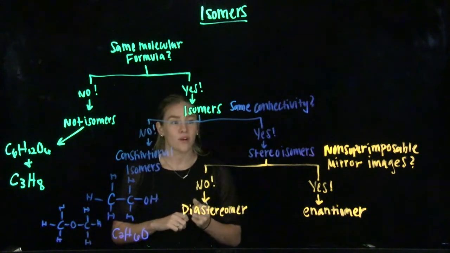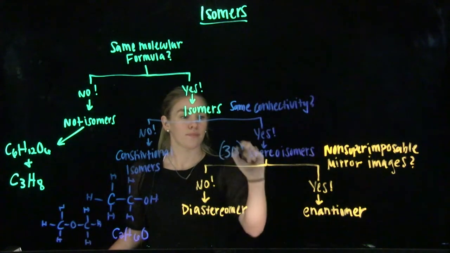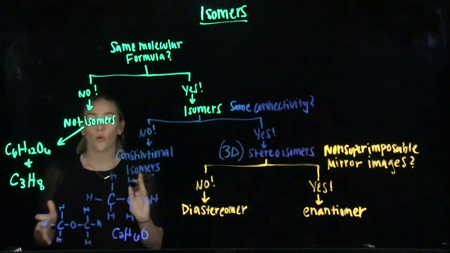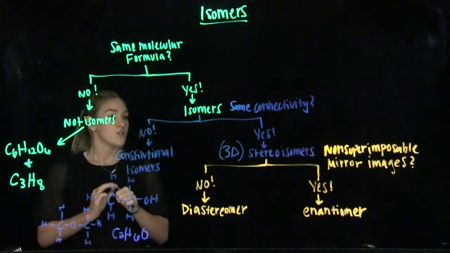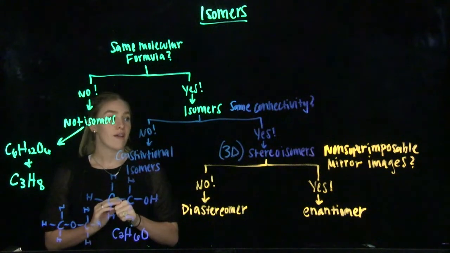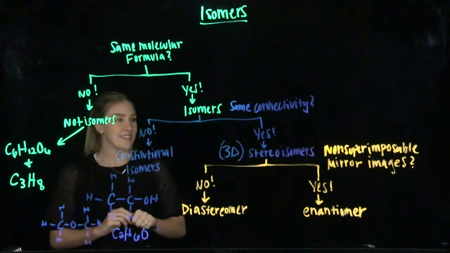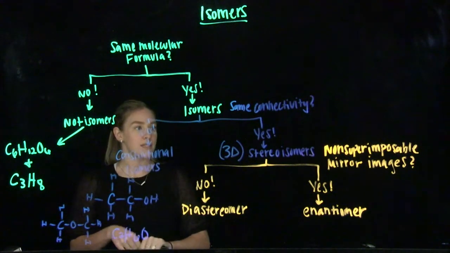And the way that they're different is in their 3D arrangement. So while they are very similar looking, the way they're arranged in space is different. So the next question to ask yourself is, are these non-superimposable mirror images? And that sounds like a lot of words, but it's actually not too difficult of a concept.